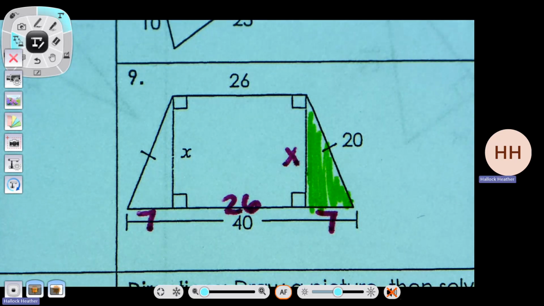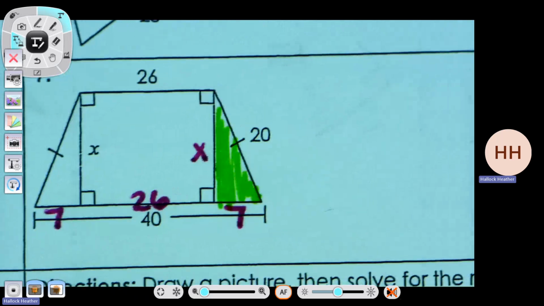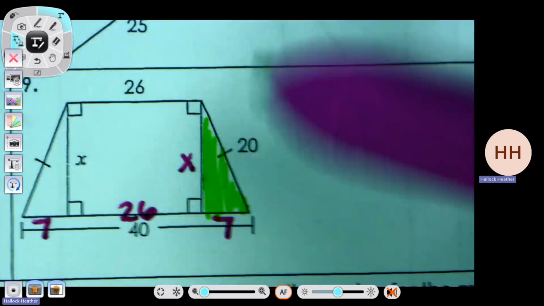So if you haven't done so yet, take a second, write out your equation, solve it. You're using just this right triangle.